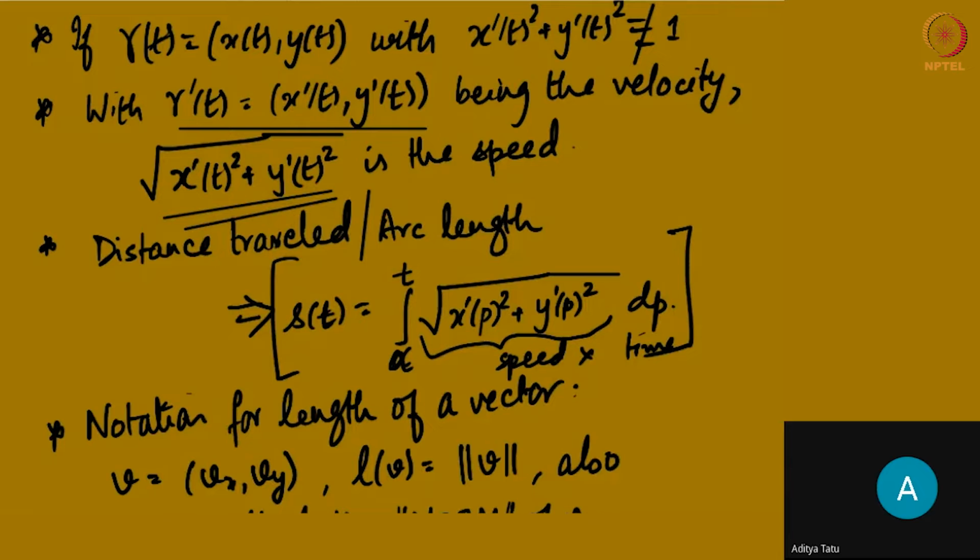So what can I do? I can make an assumption that at a particular time the speed remains constant in a very infinitesimal time interval. If I then just add up the distance traveled in each infinitesimal interval, I'm going to get the total distance traveled.